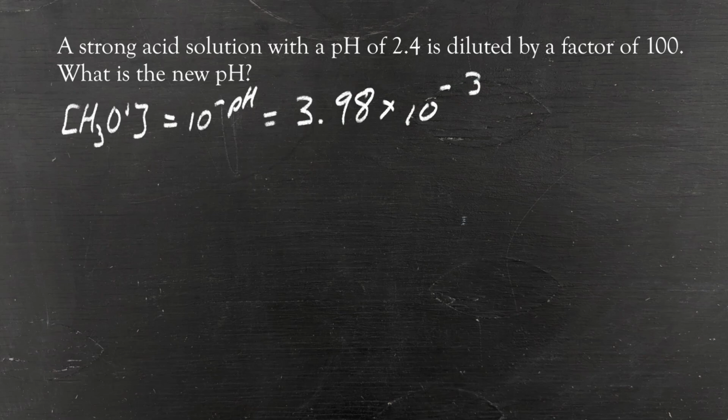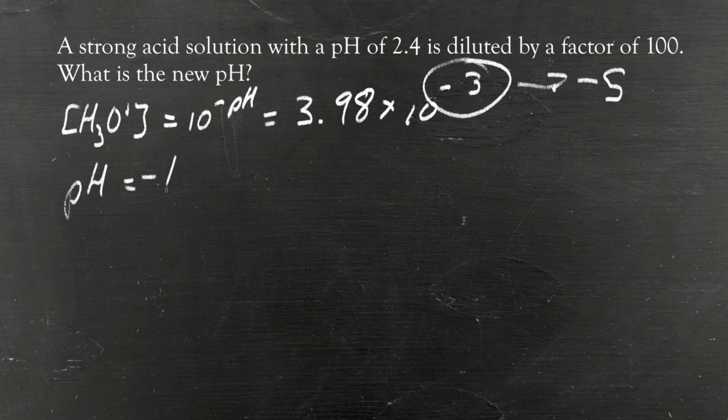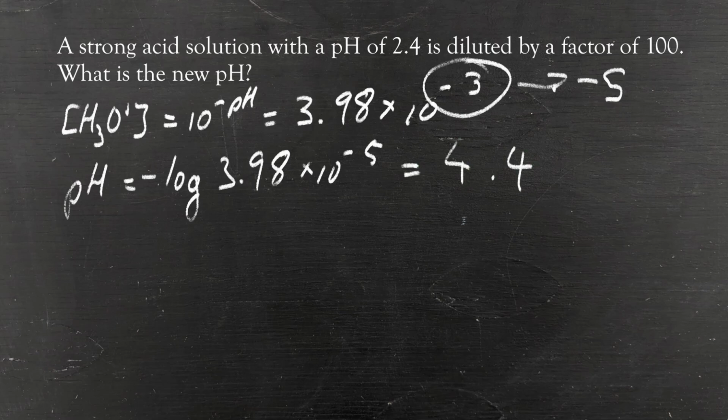Diluting by a factor of 100 changes this negative 3 to a negative 5. That is by simply dividing by 100. So we could now find that the pH is equal to negative log 3.98 times 10 to the negative 5, which equals 4.4.